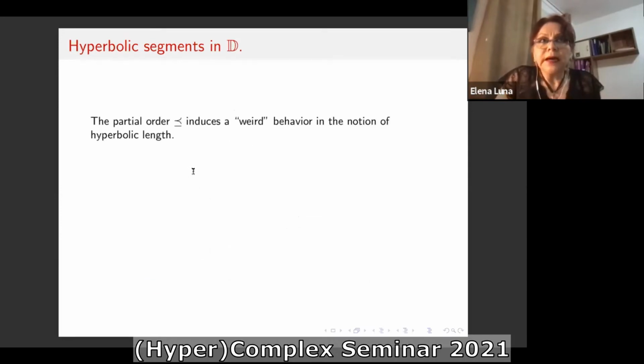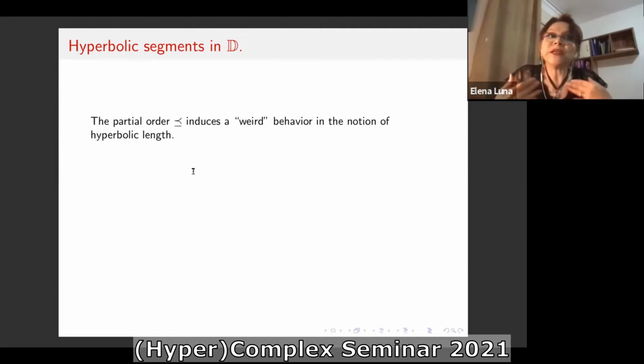Okay, now, as you remember, the title of my talk is related with the integral. In the real case, the integral is related with the measure of something, right?